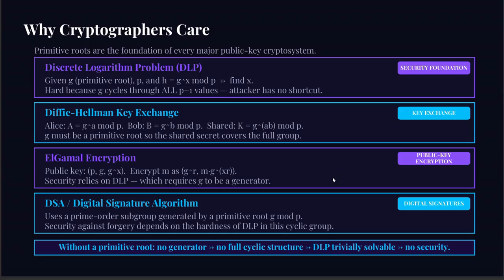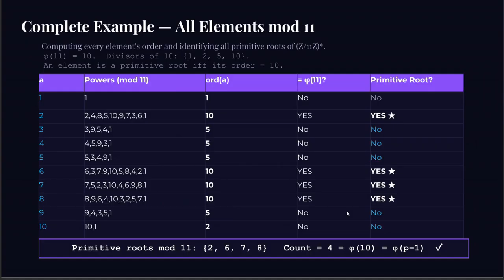Without primitive roots, these systems would lose their strong security properties. Primitive roots help ensure that keys and cryptographic operations can utilize the entire group instead of a small subset of elements.